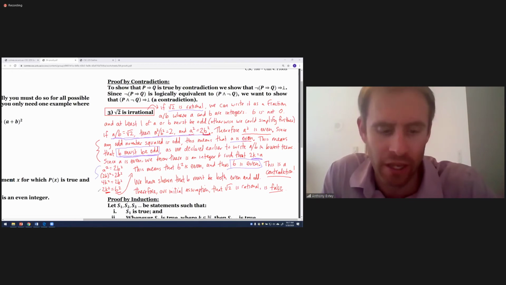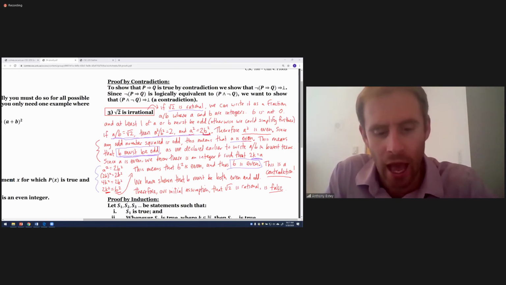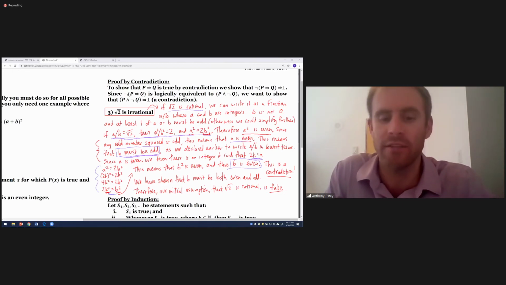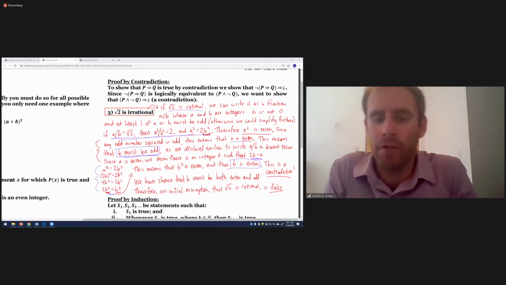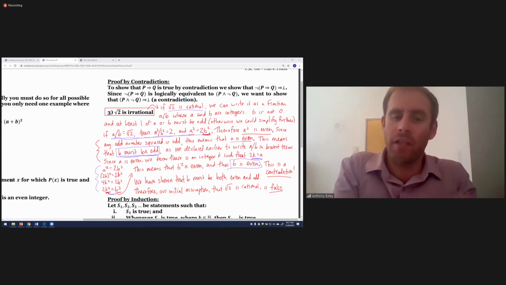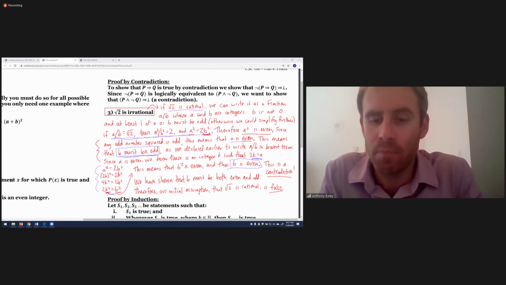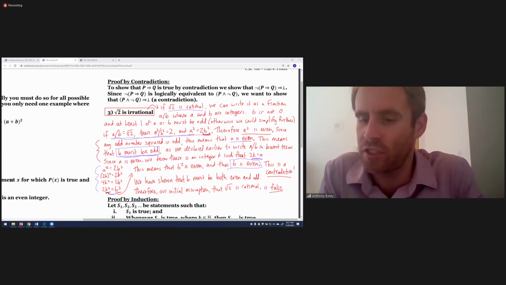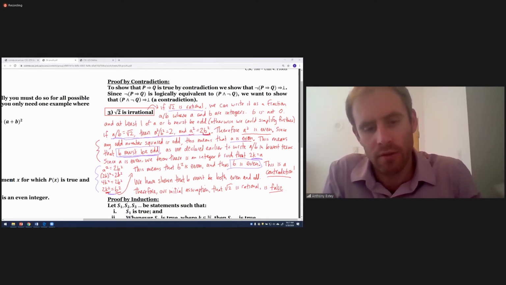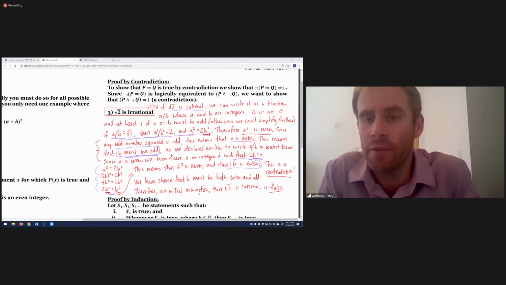Then from here they just finish the proof, and right here they say we've shown that b is even and odd. I added in some filler text to fill in some of the pieces, as opposed to doing only the math steps.